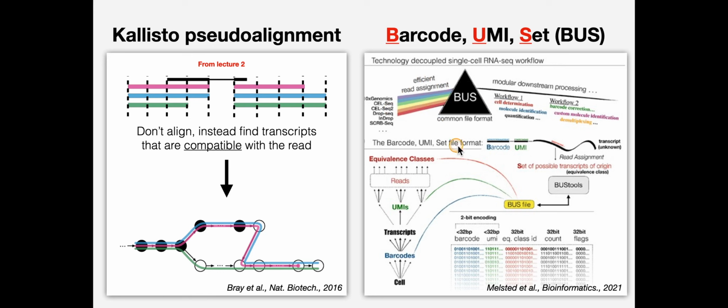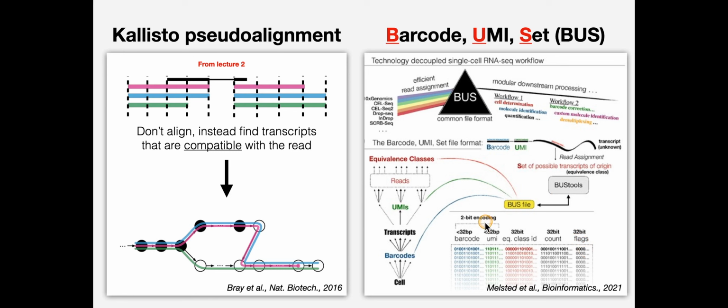And then the data that results from that read mapping is represented in a conceptually relatively simple structure, a barcode UMI set file, where you have a barcode represented as a 32 base or less than 32 base barcode, and UMI represented using 2-bit encoding, and then 32-bit encoding used to identify the equivalence class and the counts, and then additional flags if needed.